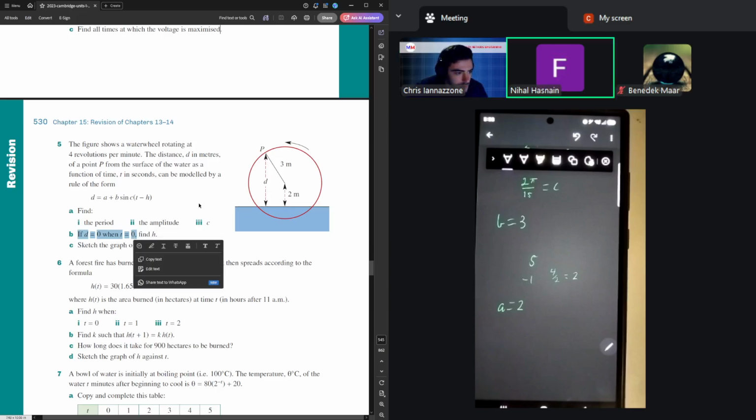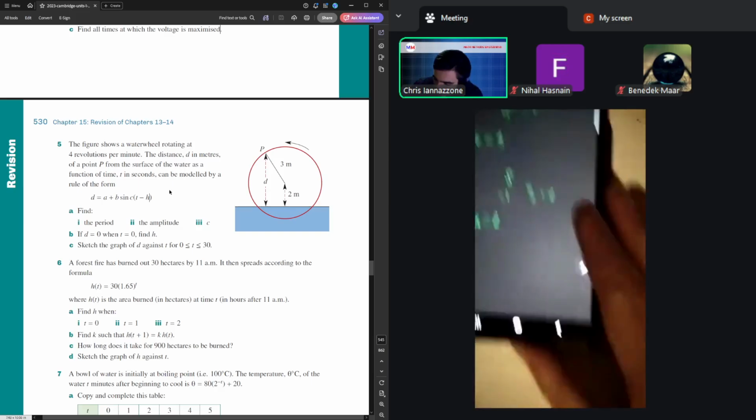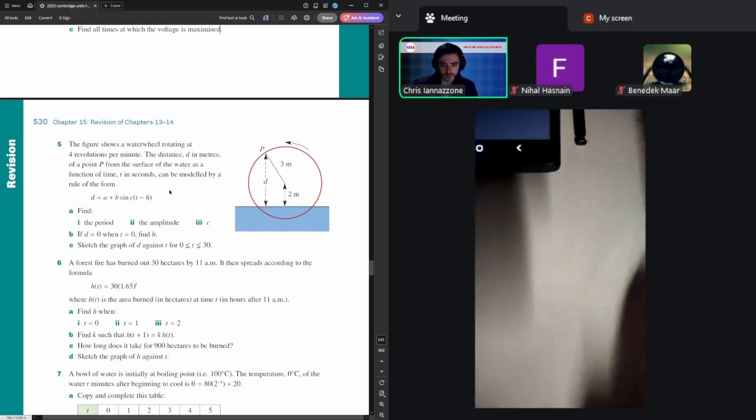Oh yeah, sorry, I totally forgot to consider the vertical thing. Okay, yeah, cool. So the way that'll work for doing this is because we've solved A, B, and C, and we're given D equals 0, T equals 0, that means that all we're going to do is plug in the terms that we know, replace the D and the T with 0, and then whatever comes out will give us one possible solution for H.